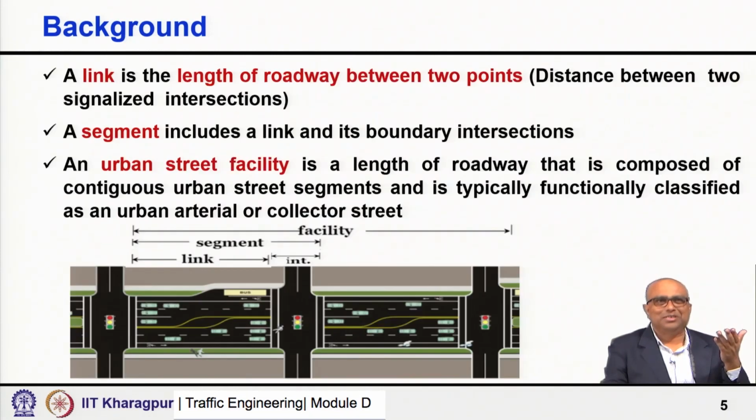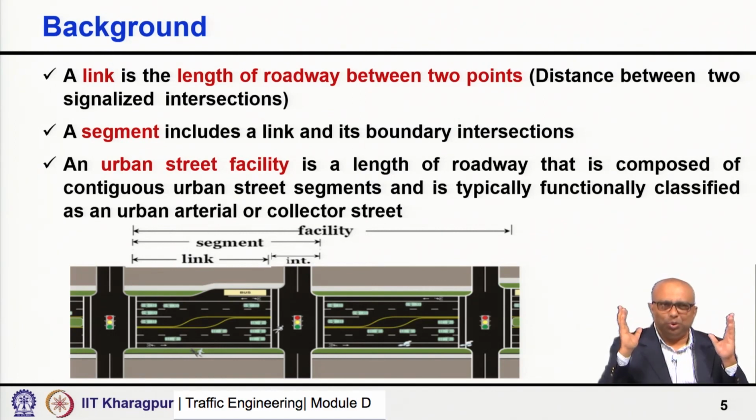And then what is a link? A link is the length of roadway between two points. So, generally speaking, if intersections are my points, then the distance between two signalized intersections is my link, and a link and its boundary intersections together, we may call a segment.